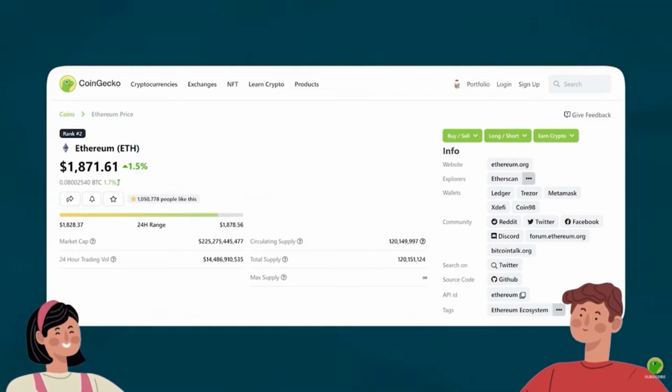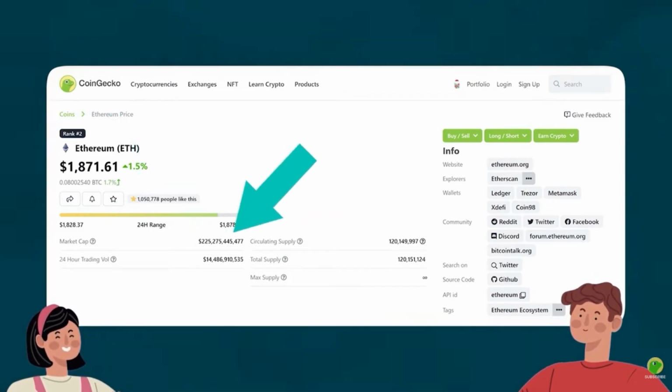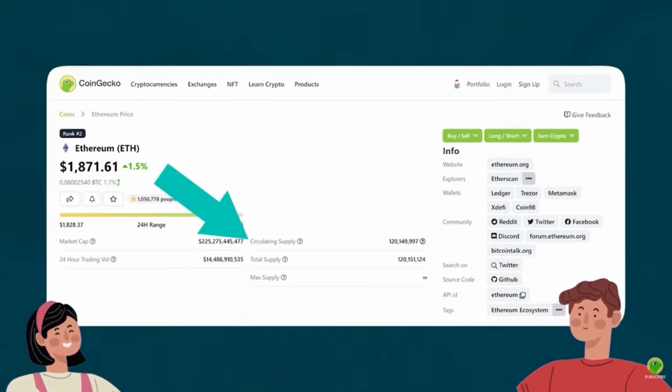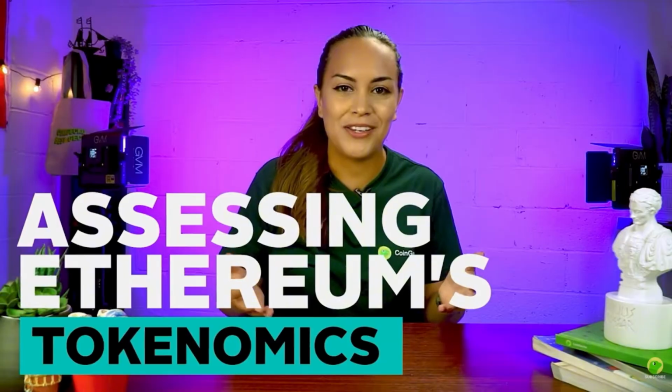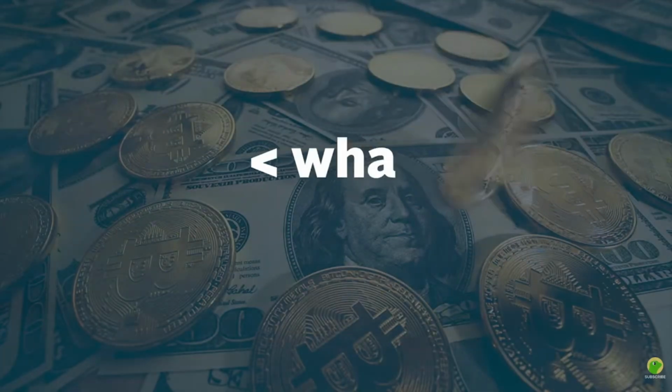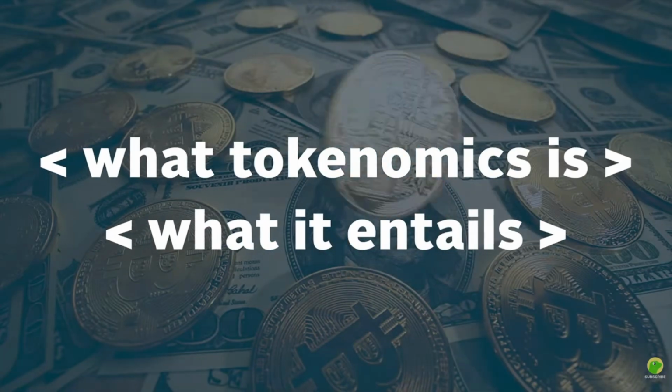On the other hand, Bonnie may pay more attention to other details like the market cap, circulating supply, maximum supply, etc. Basically, in doing so, Bonnie is sort of assessing Ethereum's tokenomics. So in this video, we will find out what tokenomics is and what it entails.